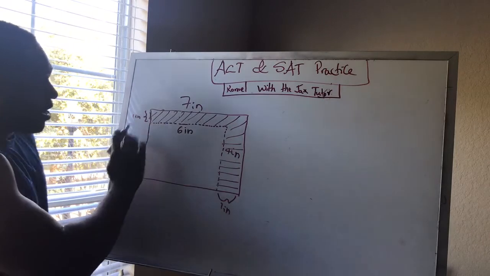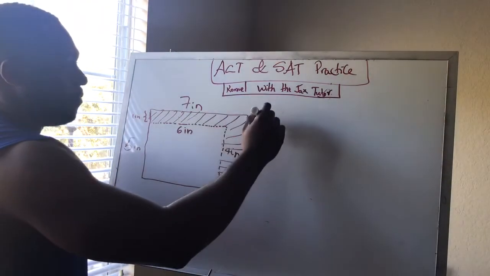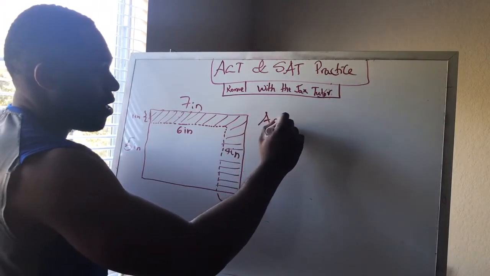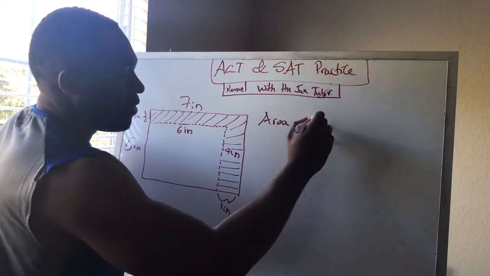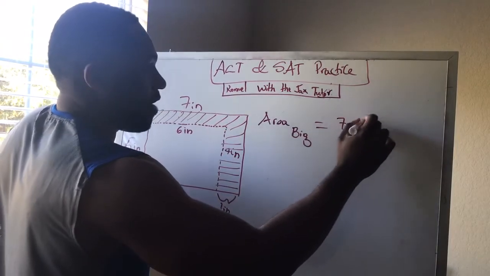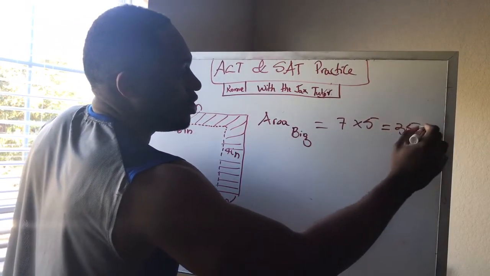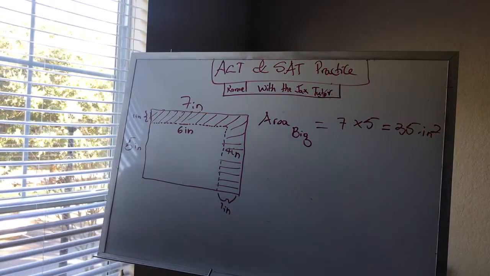So if you have the total area of the big rectangle, the area of the big rectangle is equal to 7 inches times 5 inches, which is 35 inches squared.